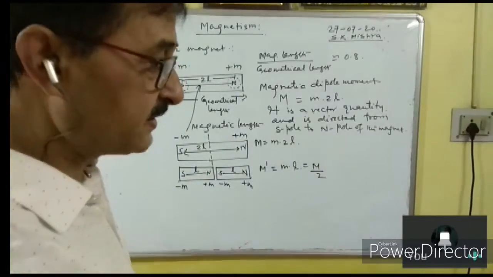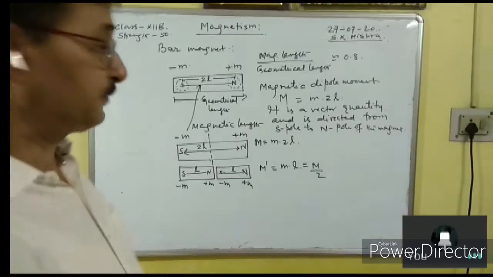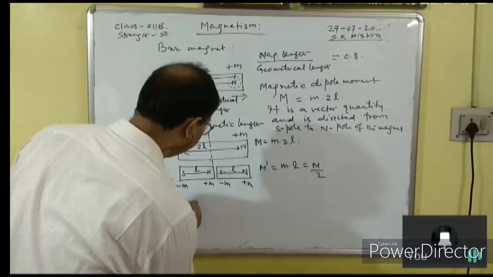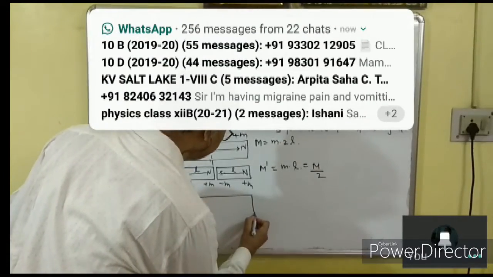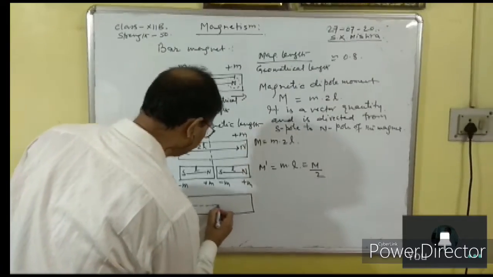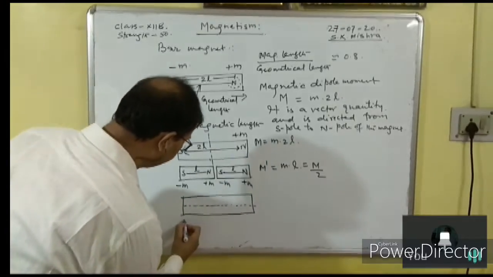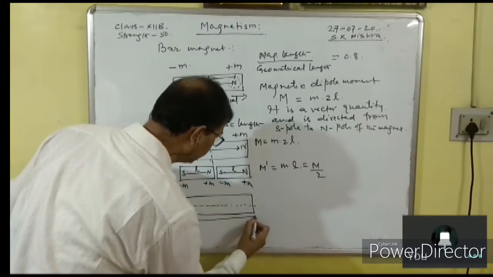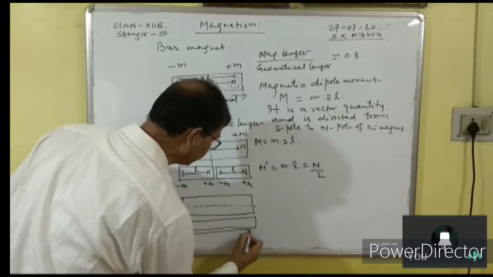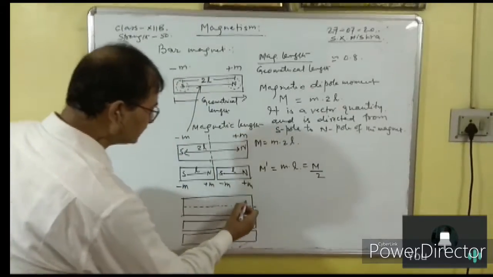But the pole strength will not change. Pole strength will remain the same. Here it is plus m, this is minus m, plus m, this is minus m. For south pole it is minus m, for north pole it is plus m. So now the new dipole moment, M dash, of one of the parts, is small m into, now instead of 2L we write L only, because the magnetic length becomes half.